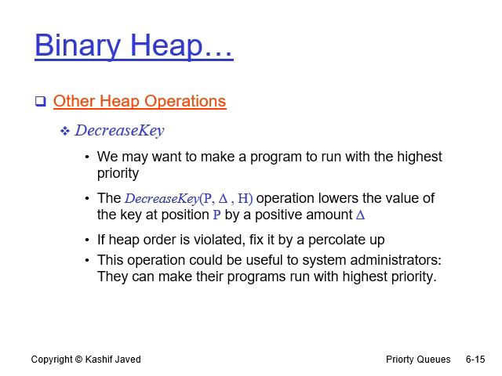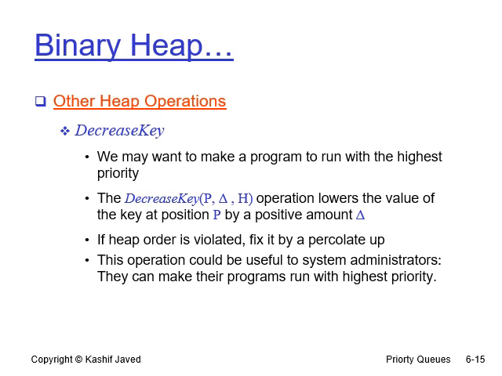The key values which are stored in a priority queue, if you invoke this function decrease key in your program, p comma delta comma h, this operation will lower the value of the key at position p by a positive amount, right?